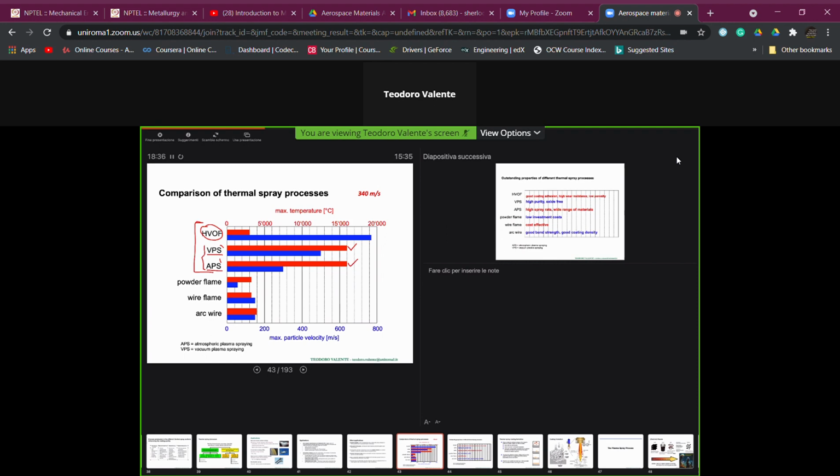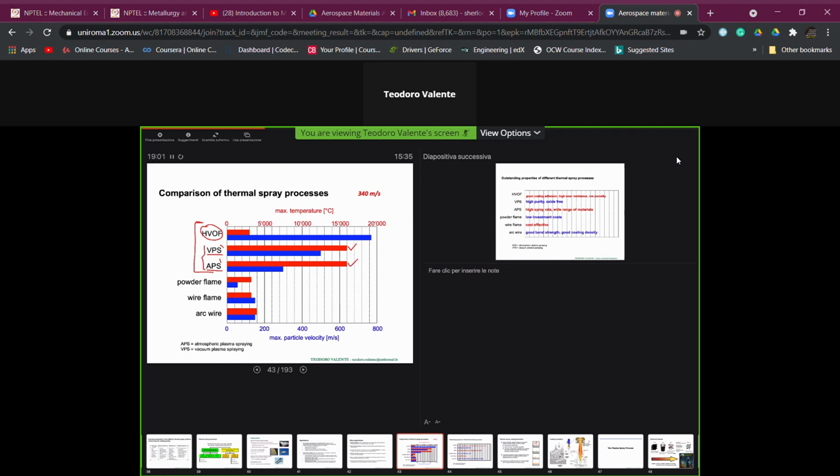And so these are very hot processes, and we do not know any materials which cannot be melted in principle by using this temperature, because we do not know any materials having a melting temperature higher than 10,000 Kelvin.